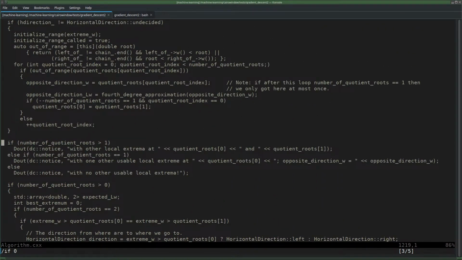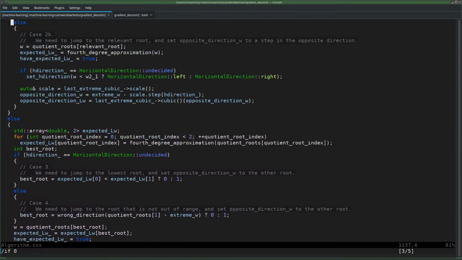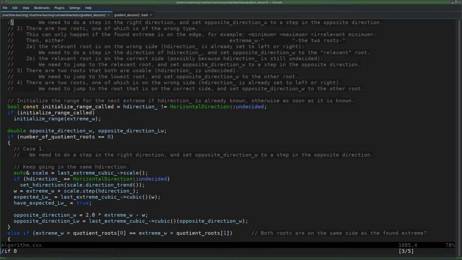I'm no longer decreasing the number of quotient roots. Yeah, I should probably just add new debug output. For example, this is where we have 2 of them. I just print both. Let's do a debug output per case.